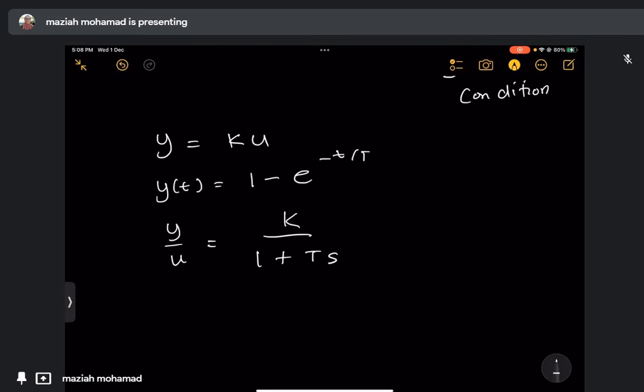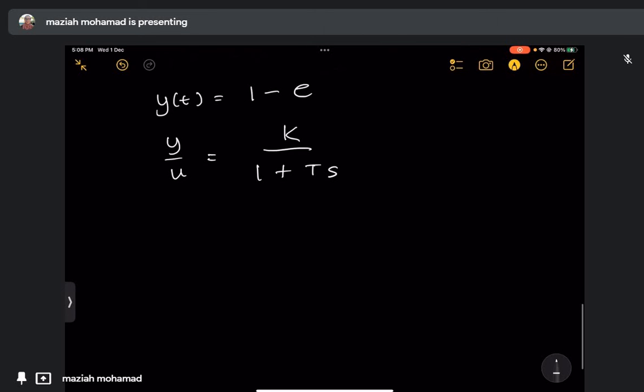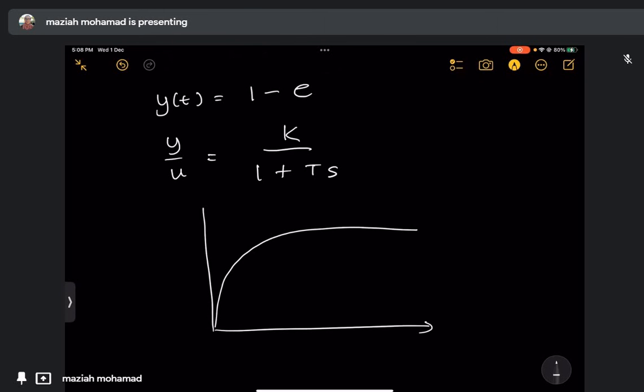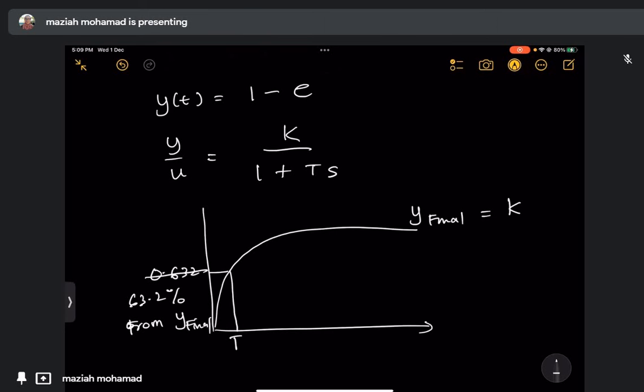So basically if you plot, at time T the output is 0.632, or 63.2% of Y final. Okay, so Y final here is equal to K multiply with U.